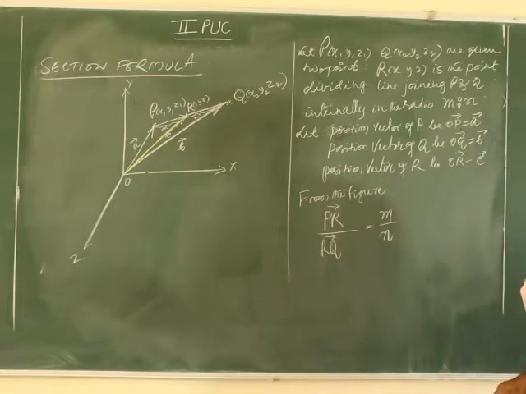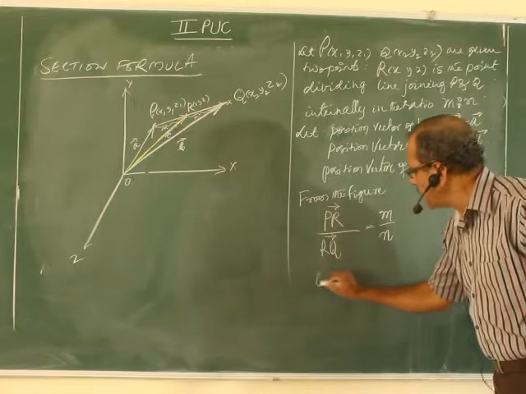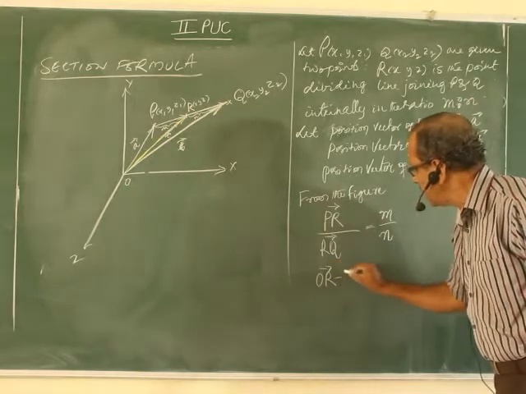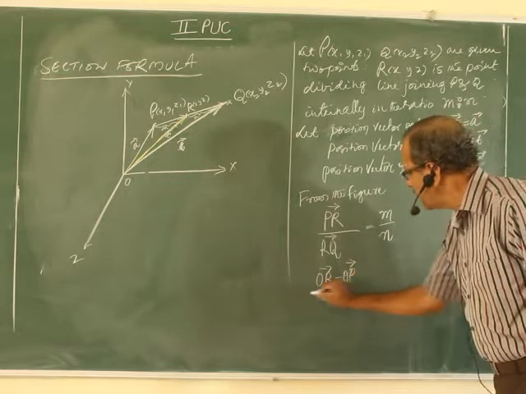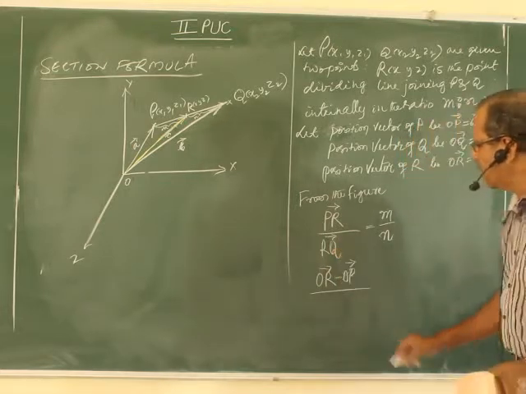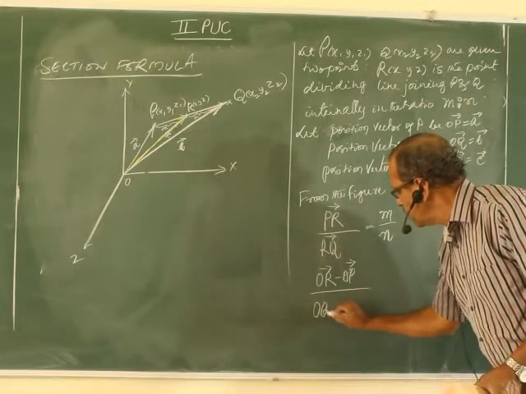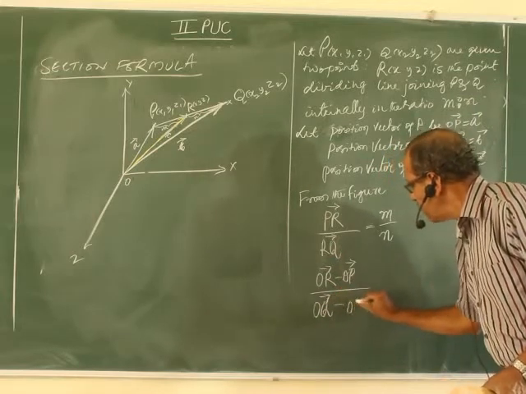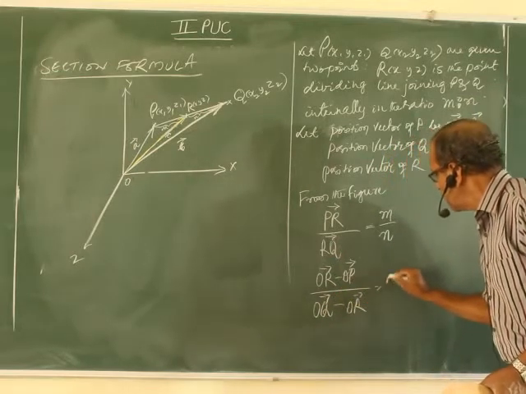Now, PR is OR minus OP according to the previous formula, and RQ is OQ minus OR, equal to m by n.